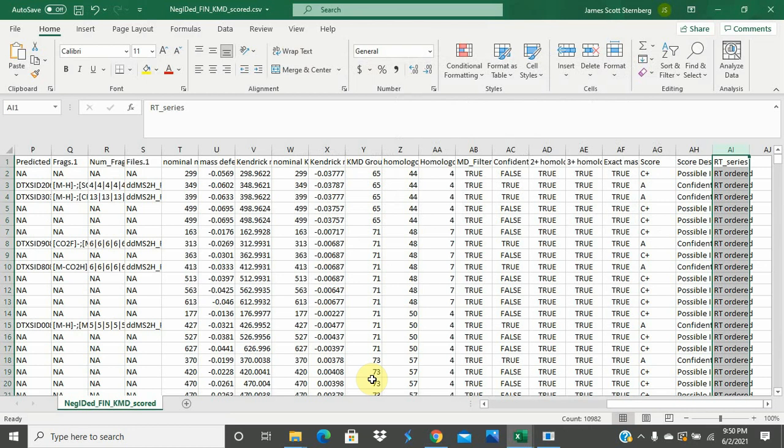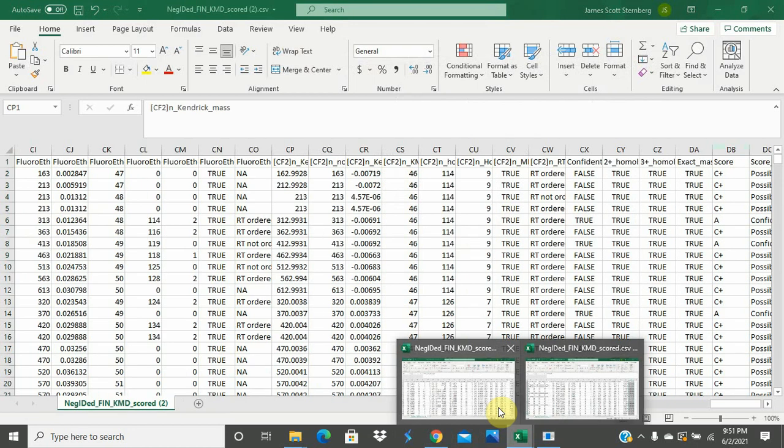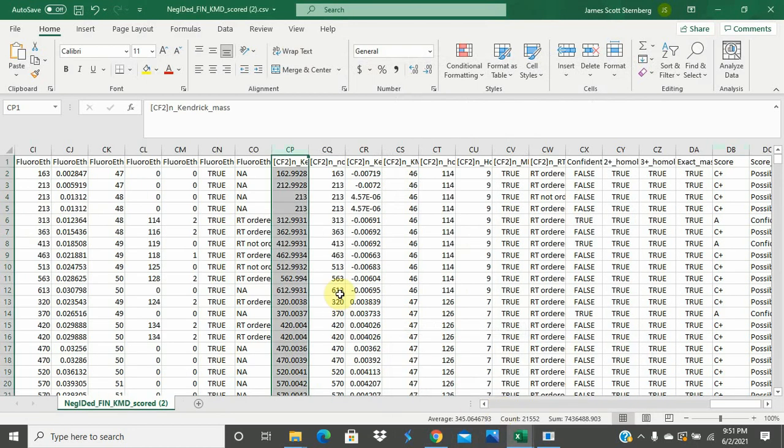In the case of multiple repeating units, interpretation is exactly the same. Let's take a look at an example of an output sheet when multiple repeating units are searched. The name of the repeating unit is added to the column headers so you can see lines of evidence based on each type of repeating unit.